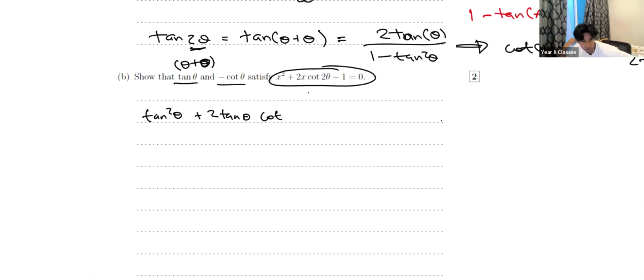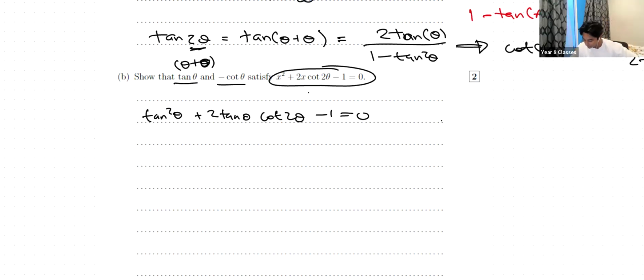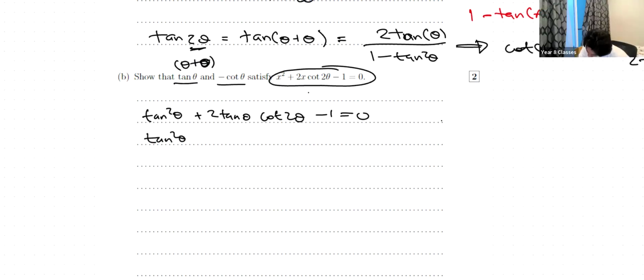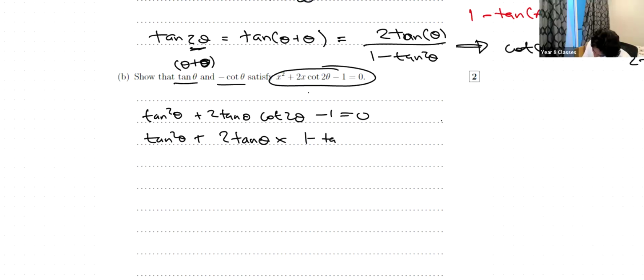So where can we go from here? Can we sub in the expression for cot 2 theta? Yep. So you're going to get 2 tan theta times 1 minus tan squared theta over 2 tan theta, and then the minus 1.